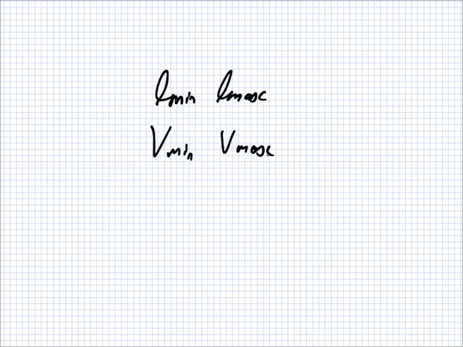Just before I go on, it's just something that jumped into my head. Do you remember earlier I said you should have L-min, L-max, V-min and V-max and all this stuff? When you're writing this in your notebook tomorrow, can you write it like this: L1 and L2, and V1 and V2?